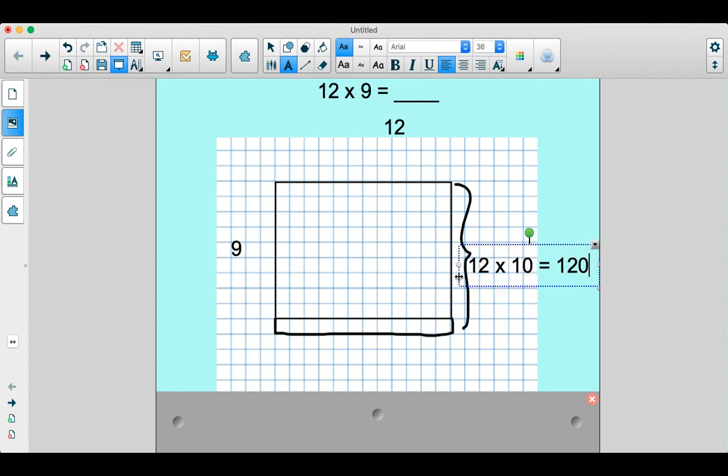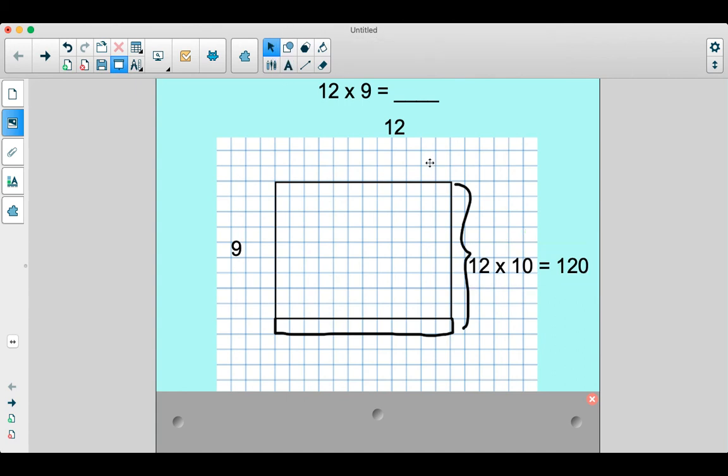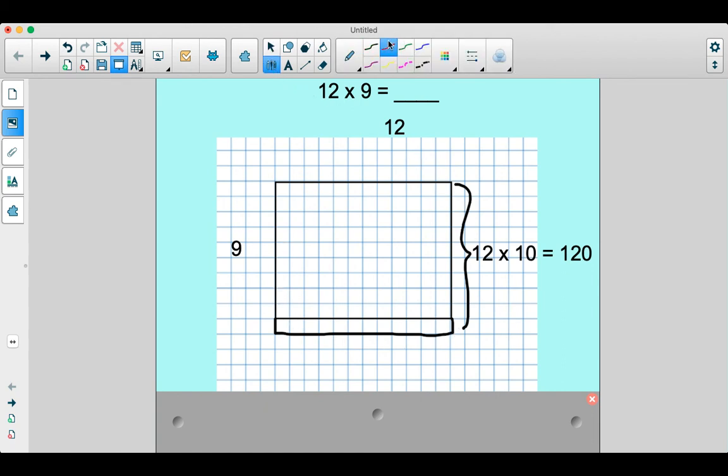And then you're like, well, I didn't actually need that row right there. So now I have to remove it off of the 120. So all of this here is 120, and then you're like, but I need to take off some. So here we go. We're taking off 1, 2, 3, 4, 5, 6, 7, 8, 9, 10, 11, 12.